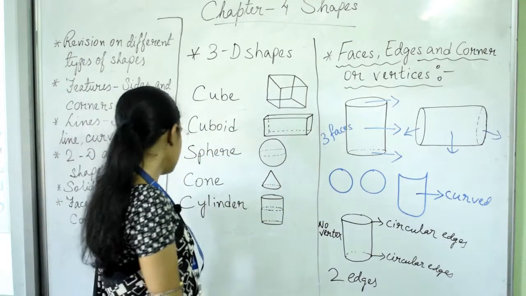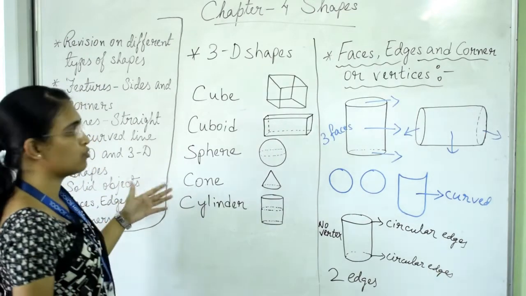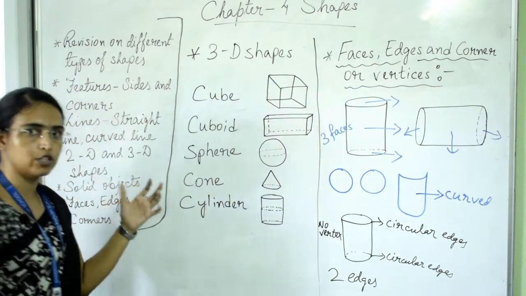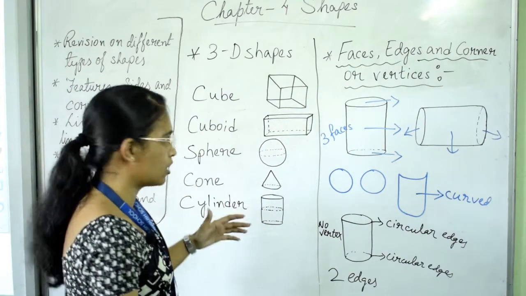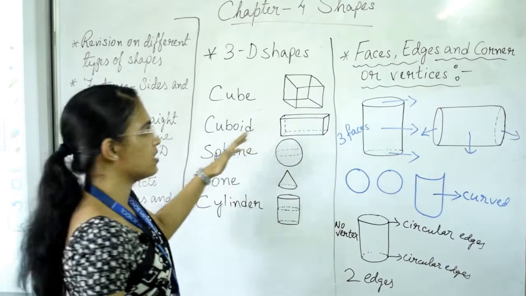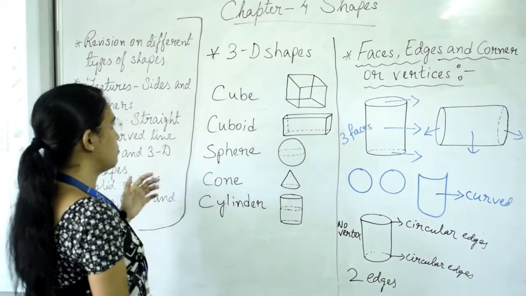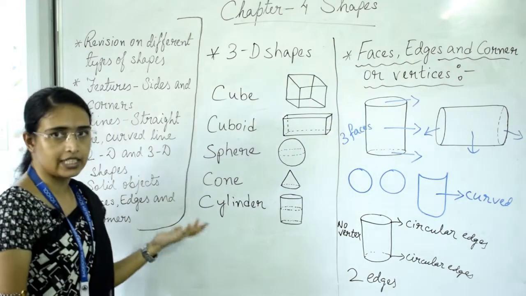Okay. Now after that we have learned about solid objects. What are solid objects? The objects which occupy space are called solid objects. Then we have discussed about lines, different types of lines: straight line, curved line, sleeping line, then slanting line.